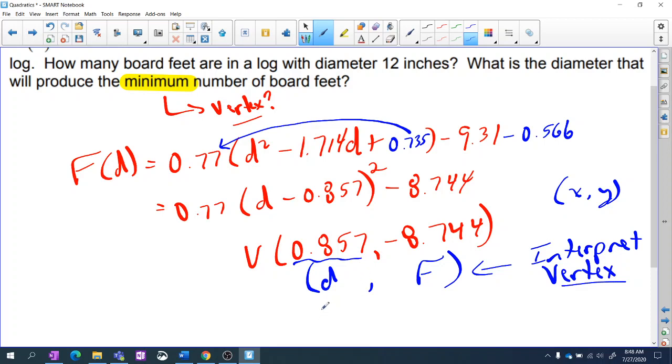So it's telling me that a diameter, because that's what D stood for, of 0.857 inches produces the minimum.